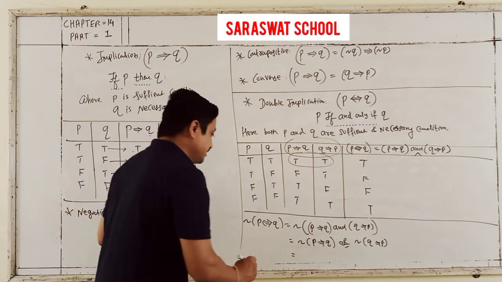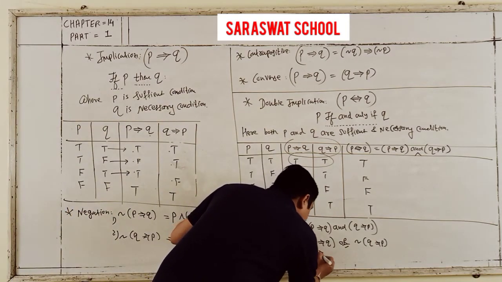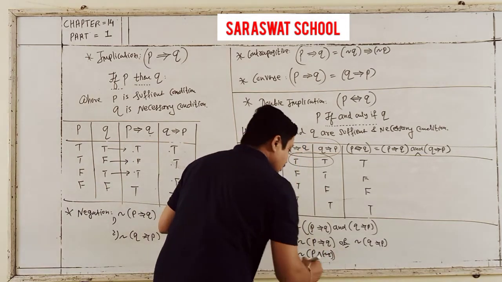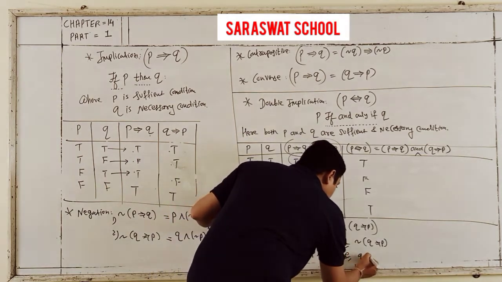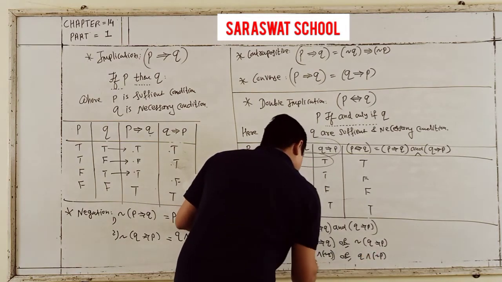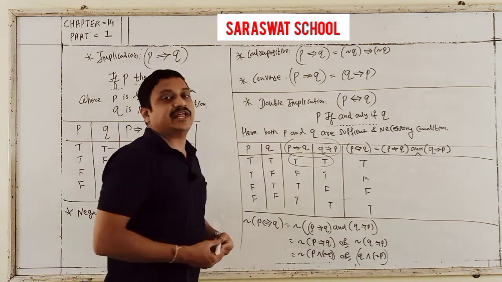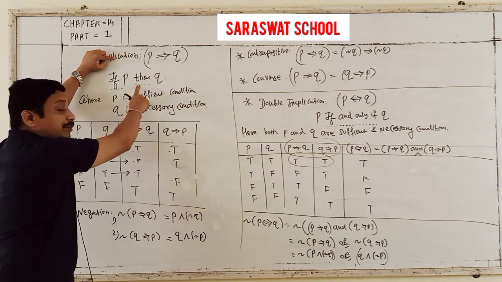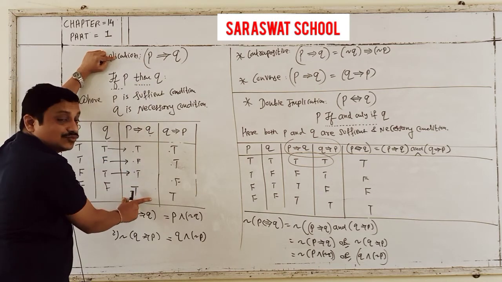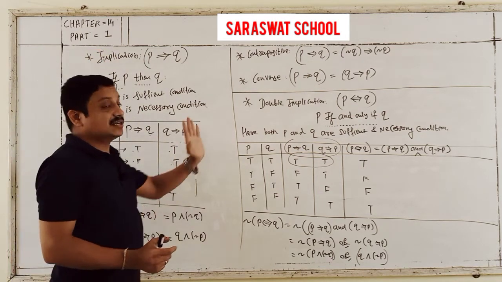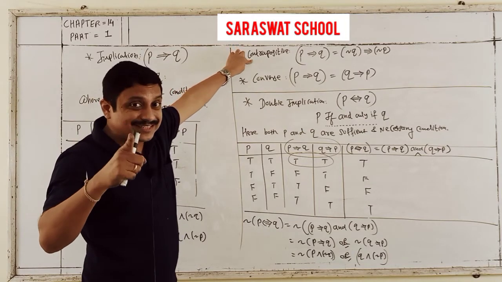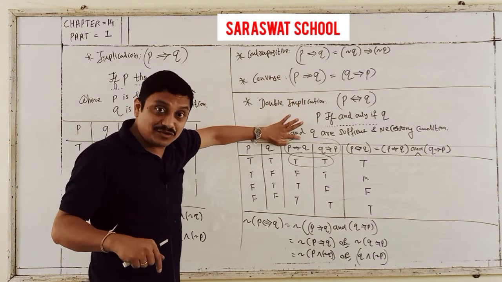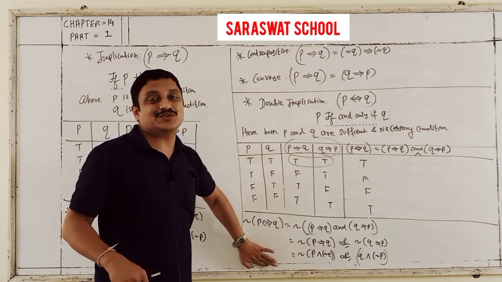The negation of P implies Q converts into P and negation Q, otherwise Q and negation P. These answers are the negation of double implications. These are single implications, meaning necessary and sufficient, and these are the true false values of the negations. After that, contrapositive means equivalent statements, converse, double implications, the meanings, definitions and this table, and that's our negations.